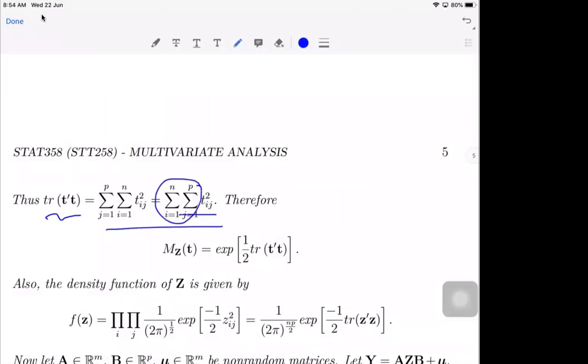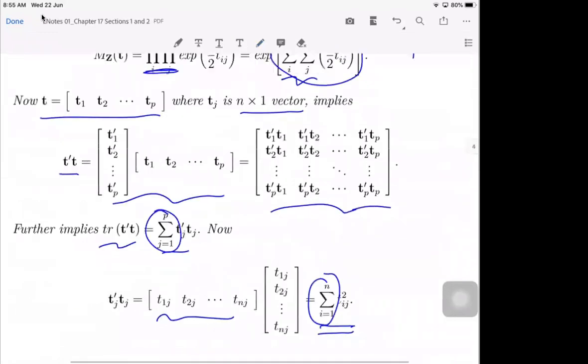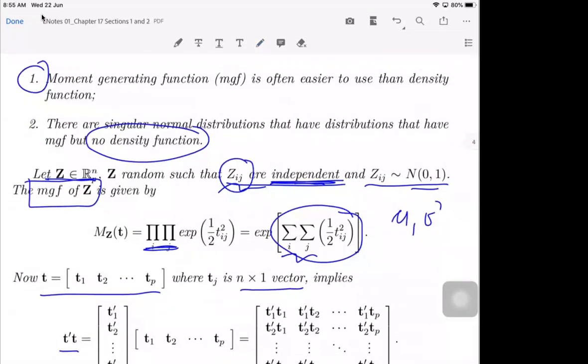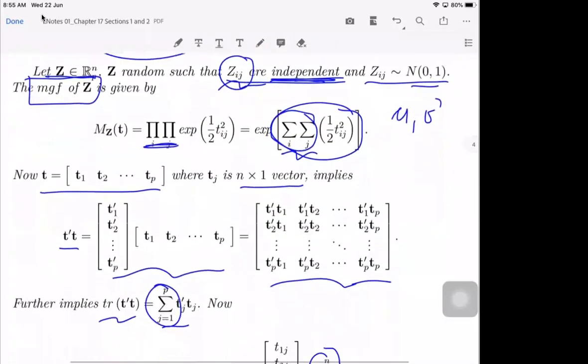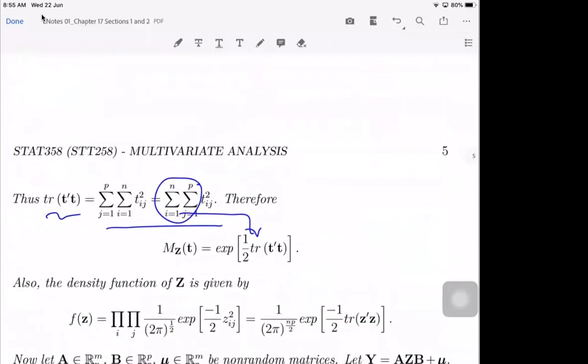Equivalently, that is substituted by the trace. In the univariate case, it is only a single summation. In the multivariate case, the double summation will be in terms of the trace. So for the density function of your Z, the moment generating function has a standard normal.